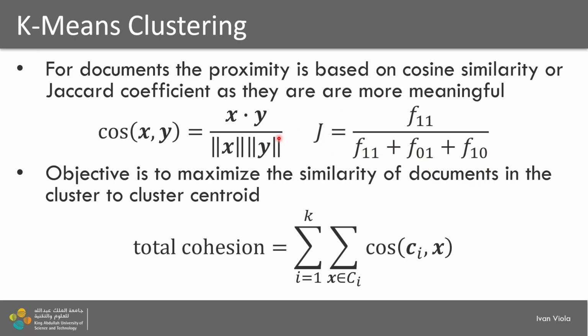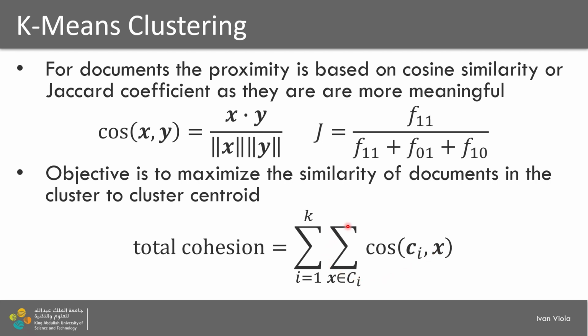And the objective which we want to maximize, previously, we wanted to minimize the sum of squared error. But in this case of cosine similarity, we want to maximize the similarity of documents in the cluster to the cluster centroid point. And that can be expressed as the so-called total cohesion measure, where we have the cosine similarity calculated between the centroid and the point in the cluster.